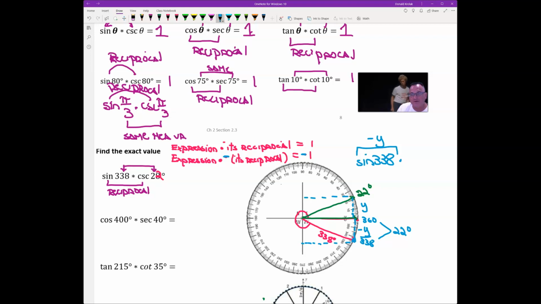Then when I do the cosecant of 22, that's going to be the y value, but it's going to be 1 over y. So when you multiply these two, you're going to get -1 instead of 1.